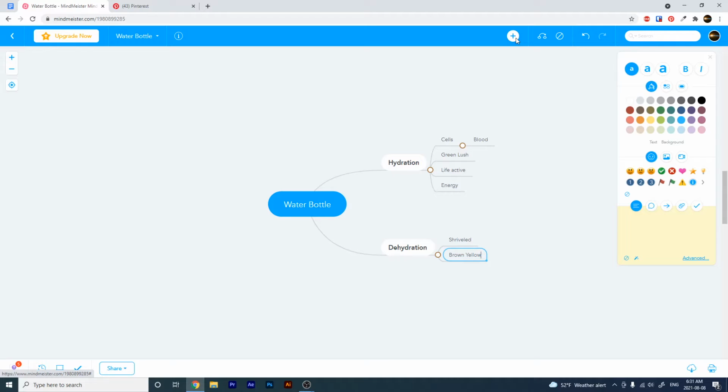And from this, you're seeing that I may have some color palette options as well. I think of low energy with dehydration. And looking at this shriveled, I think of, say, wrinkles.